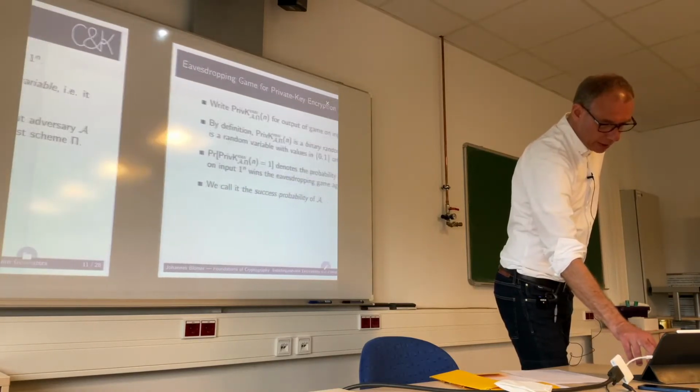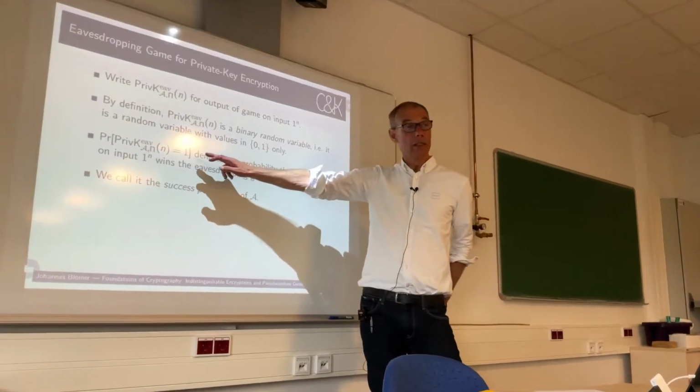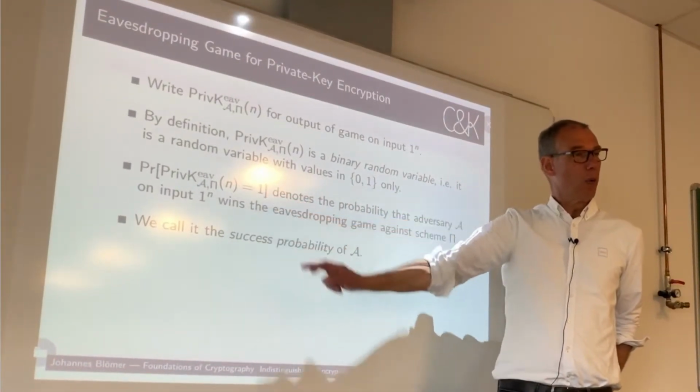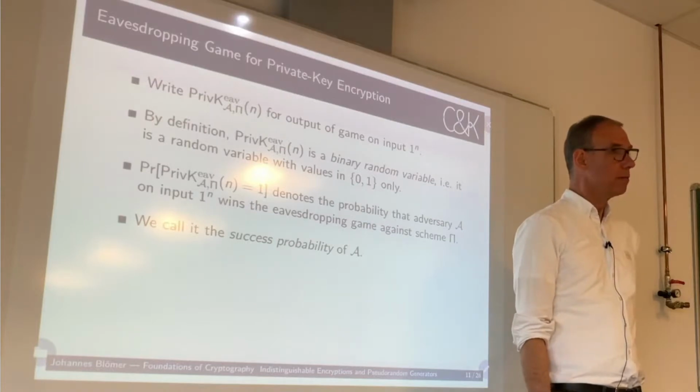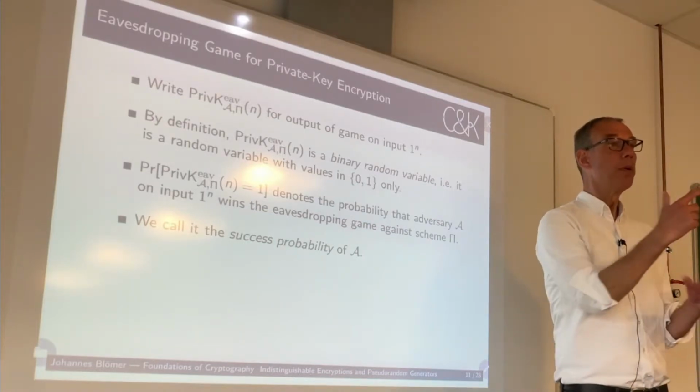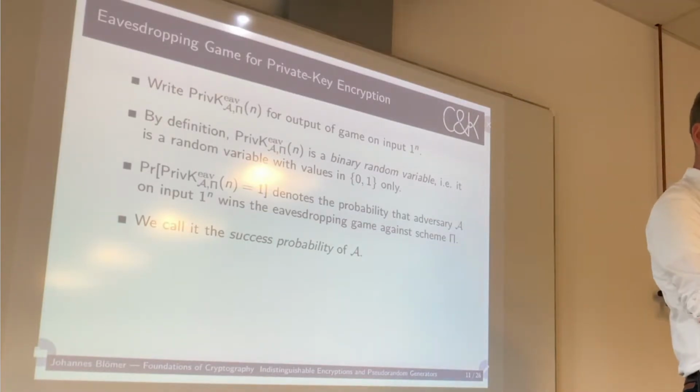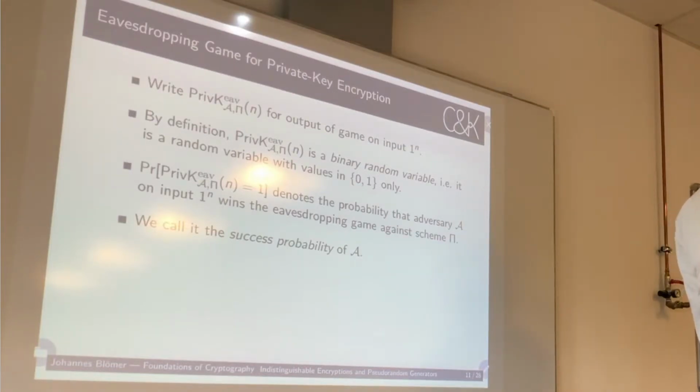This probability here, what is it about? What's the probability space that we are looking at here? If we talk about probabilities, there is a probability space, right? What is a probability space?